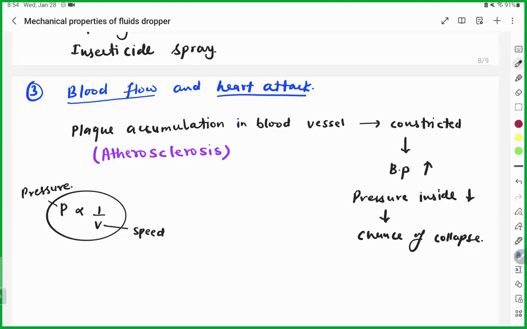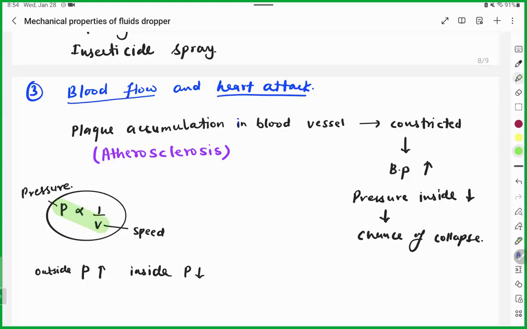If you decrease pressure, speed will increase. And second, if outside pressure increases, then inside pressure will decrease. These are the two major concepts you need to understand for Bernoulli's application.